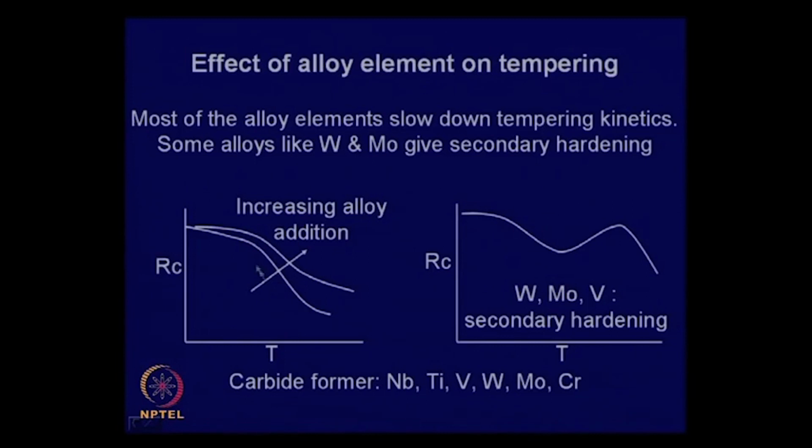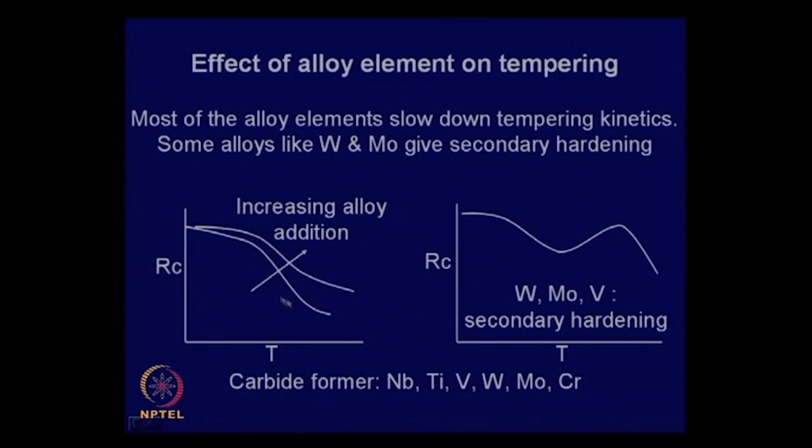Second stage, where predominantly the retained austenite breaks down, and also this low carbon martensite gets converted finally into ferrite plus carbide, and this epsilon carbide is also replaced by cementite, and towards the end the cementite starts growing.